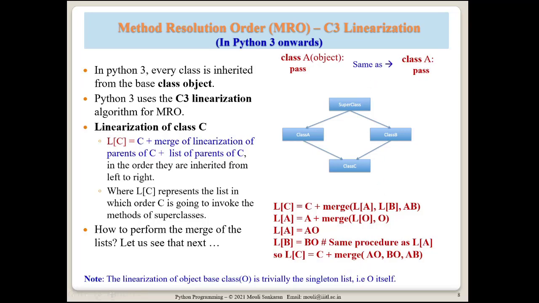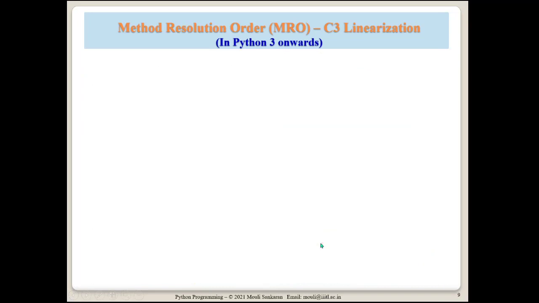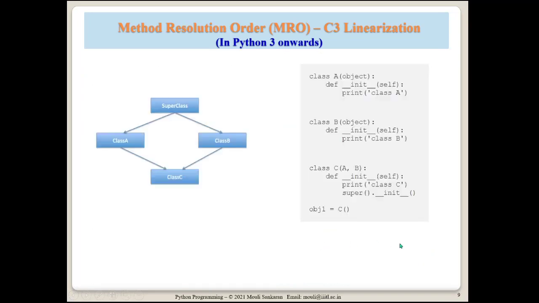Okay, I hope up to this point you are all clear. Now let me show you the code of that. Class A is inherited from object, small o here. I could have just written class A also, no problem.